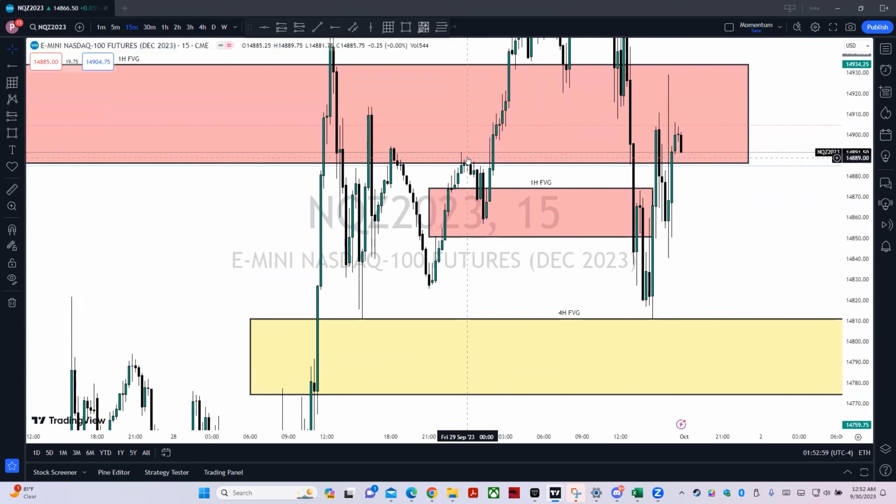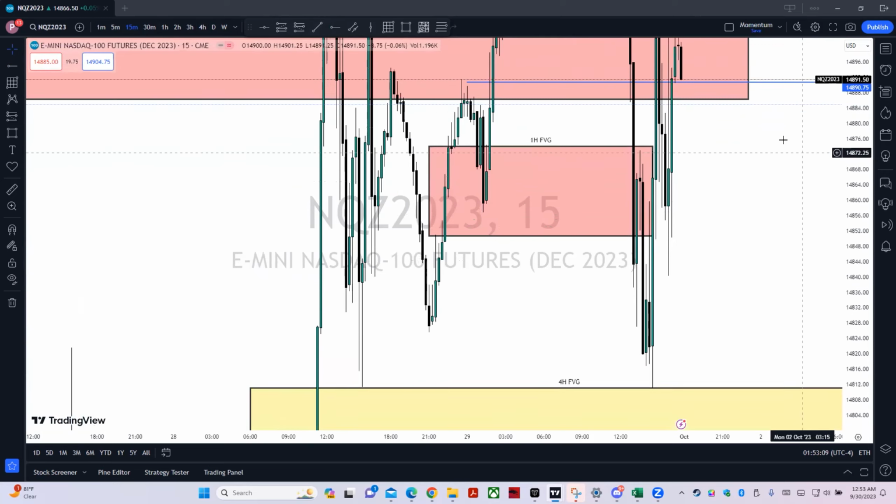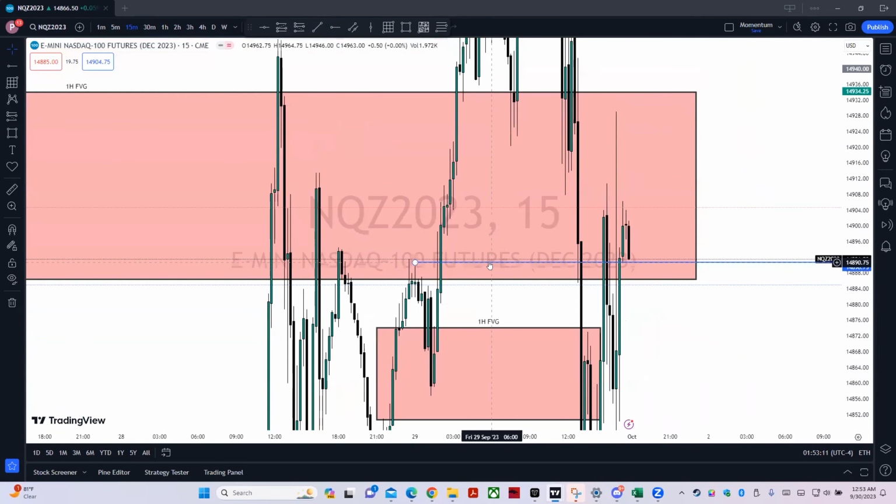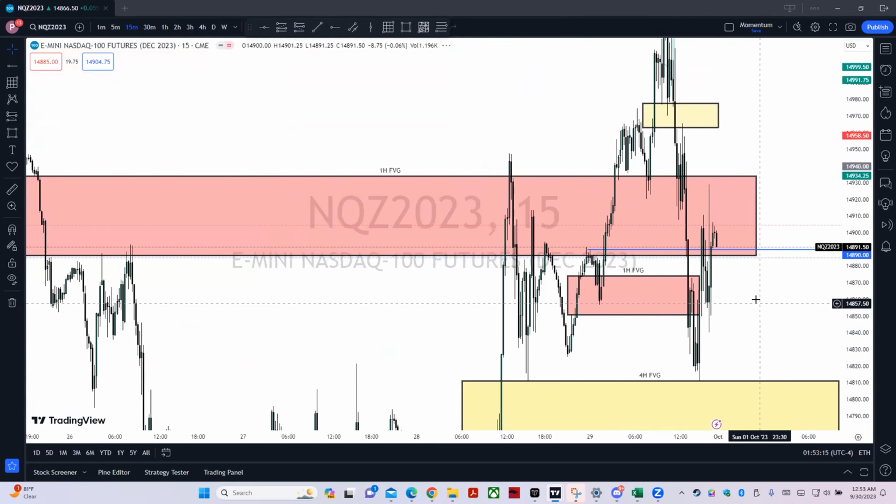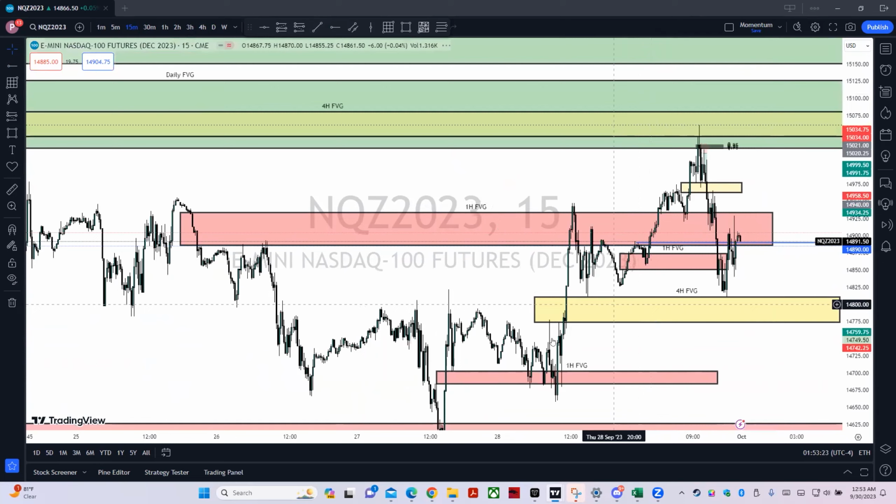Okay. If I draw a line from price at Friday at midnight, how close are we to finishing? Right about there. So would you say today we balanced price out?